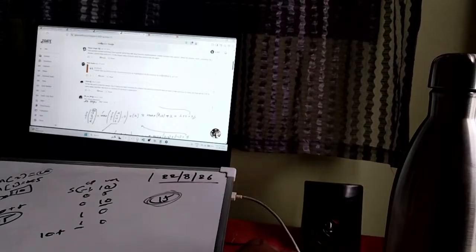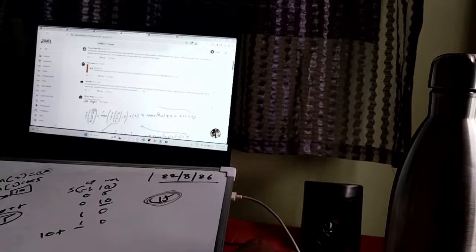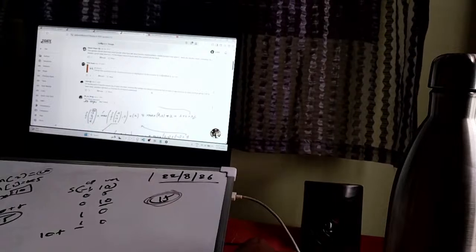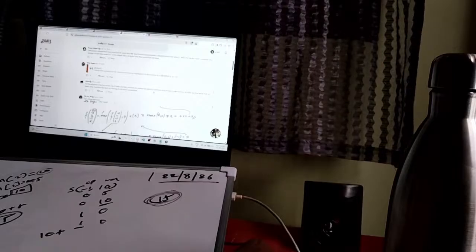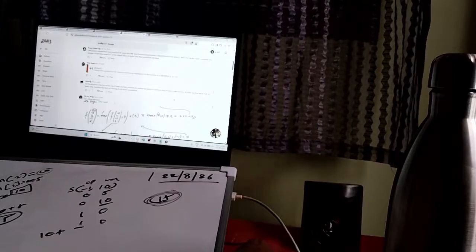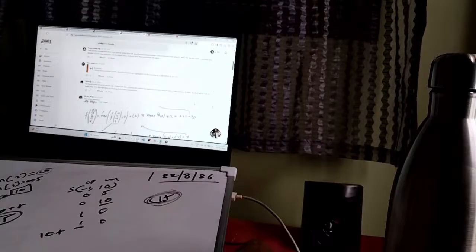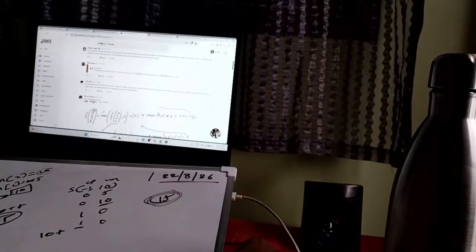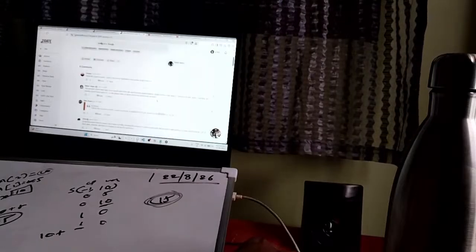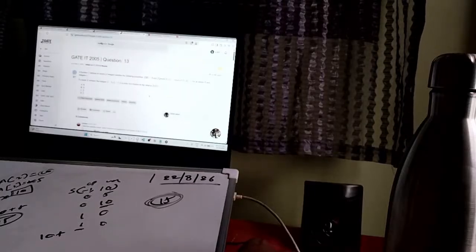So the key point is that f(s) means the top of the stack. Okay. After checking the solutions, I came to the conclusion that we have to take the previous value and that will be the top of the stack. So what they're saying is top of the stack.